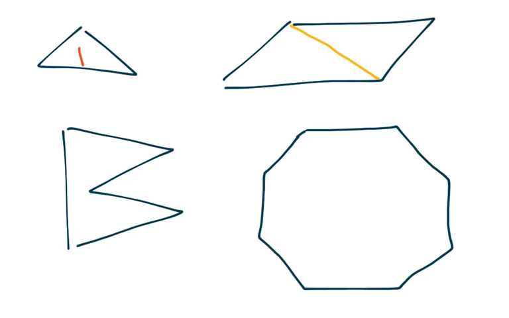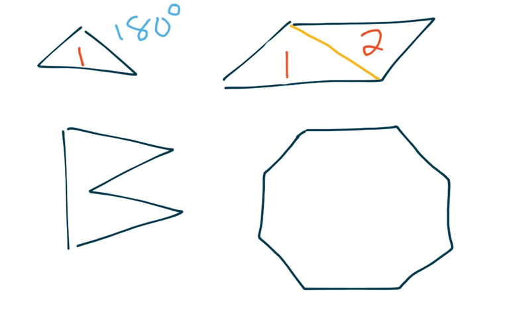Let's connect opposite angles, vertices. How many triangles did we just create? 2. Well, if we know that one triangle has 180 degrees, and over here we have 2, 1 here and 2 here, well, 2 triangles times 180 degrees is 360.